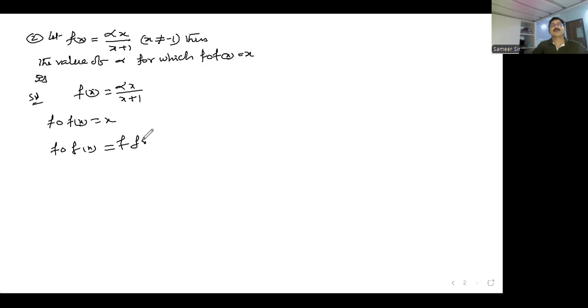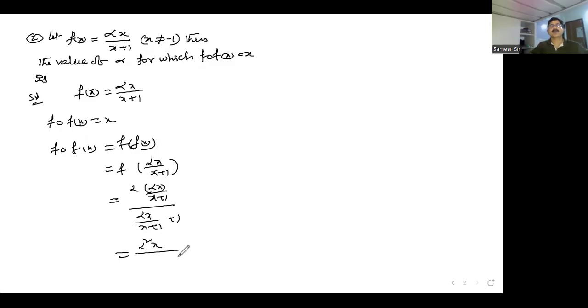So f of x is alpha x by x plus 1 here. And once again, if I write here alpha into alpha x by x plus 1 divided by alpha x by x plus 1 plus 1, so you are getting here alpha square x by finally (alpha plus 1) into (x plus 1).